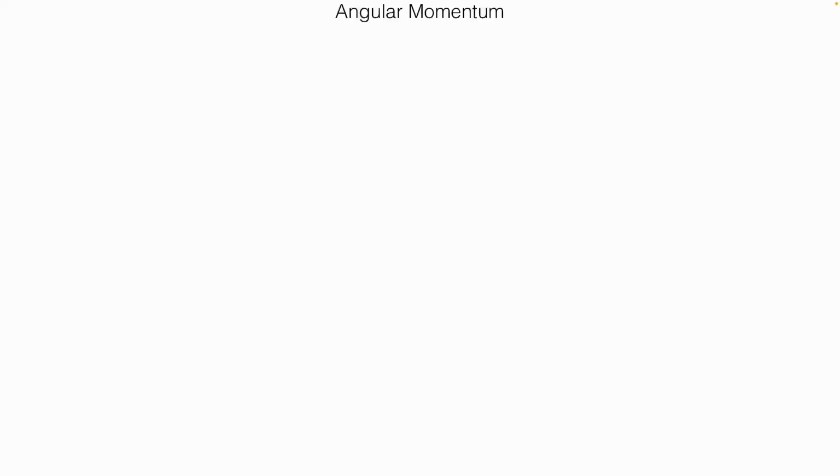I'm going to write it this way. We get the mr squared omega. And what's mr squared? Anybody remember? It's moment of inertia. It's like the base definition of moment of inertia for a particle. And so again, here we are at moment of inertia times omega.